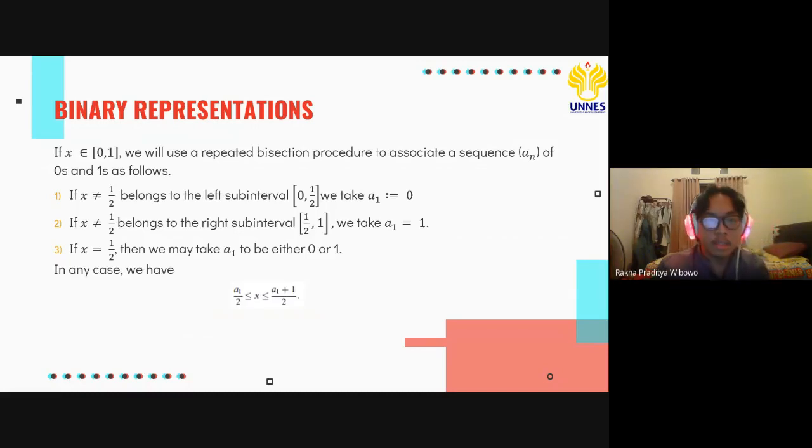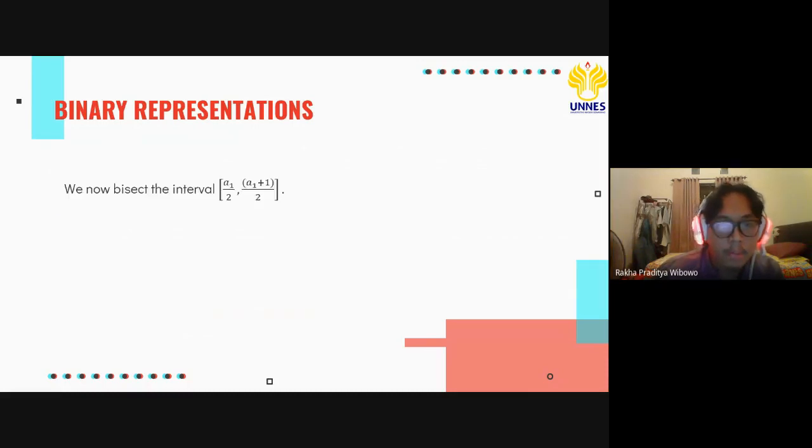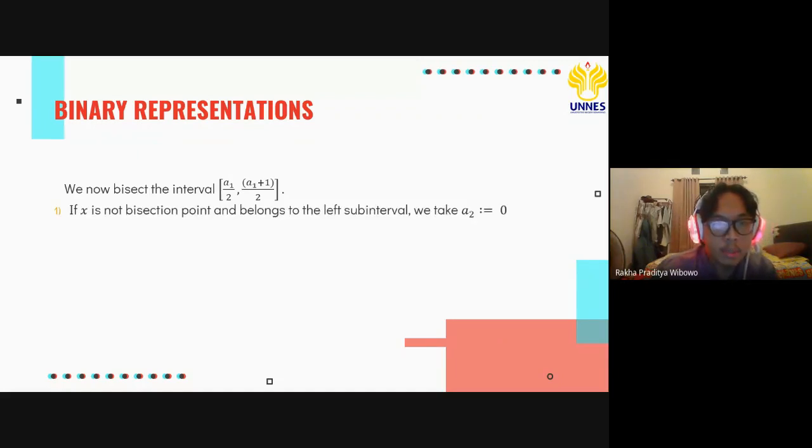In any case, we have x is between a1 over 2 and a1 plus 1 over 2. Next, we will bisect the closed interval from a1 over 2 to a1 plus 1 over 2. First, if x is not the bisection point and belongs to the left subinterval, we take a2 to be defined as 0.